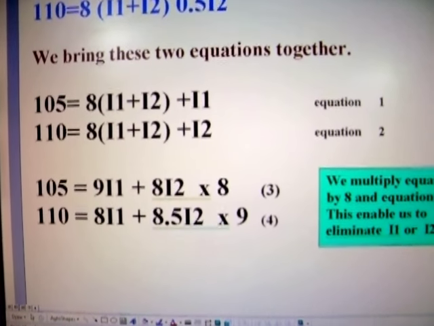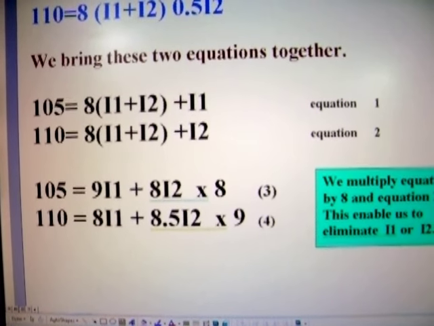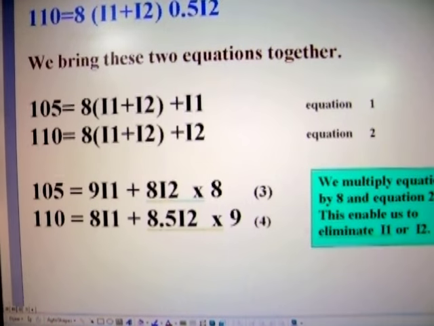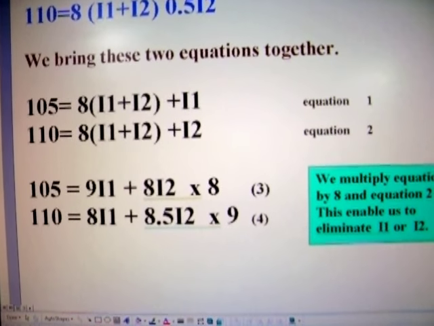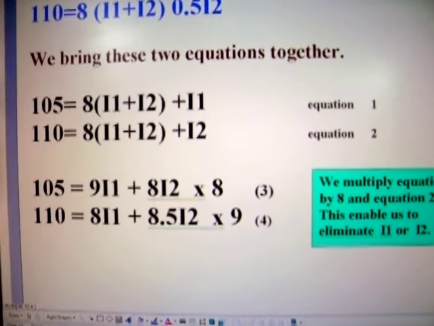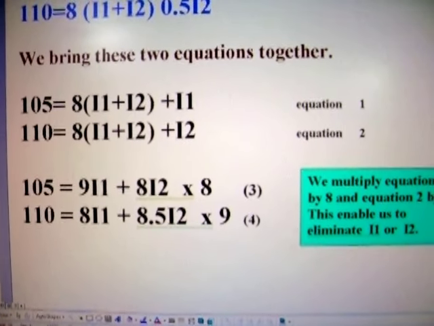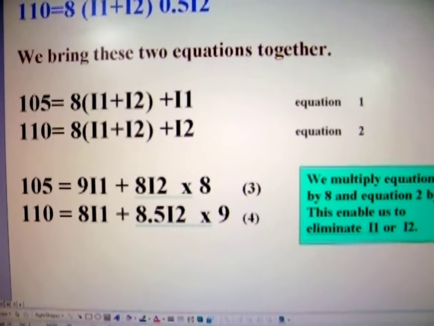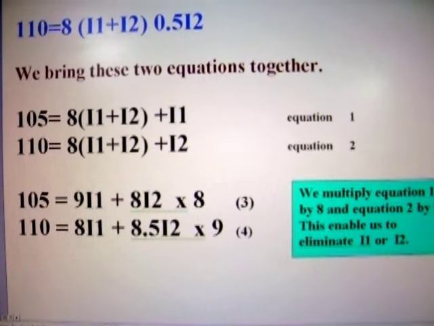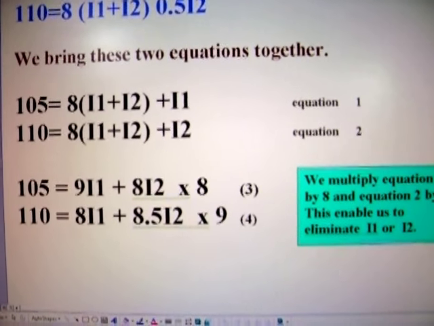Now here I've multiplied out 8I2. Now I've multiplied equation 3 by 8 and equation 4 by 9. That is to enable me to isolate either I1 or I2.